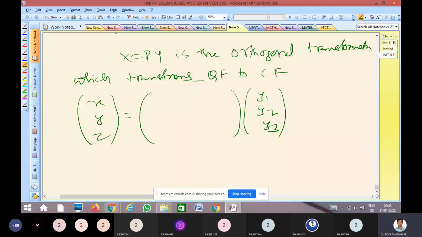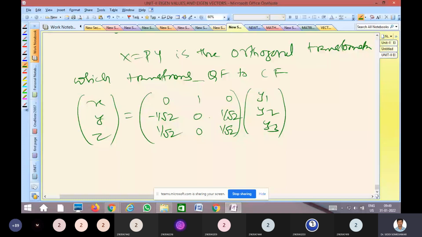Okay. So here, what is P? Our model matrix P is 0, 1, 0, minus 1 by root 2, 0, 1 by root 2; 1 by root 2, 0, 1 by root 2, right? This is the model matrix.